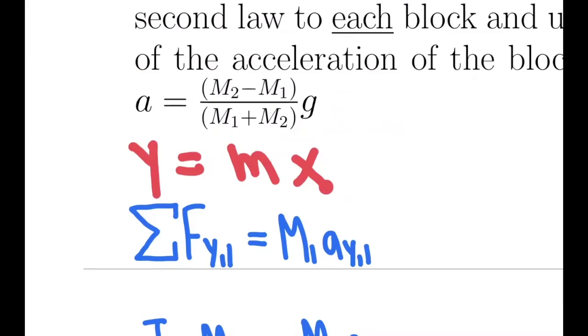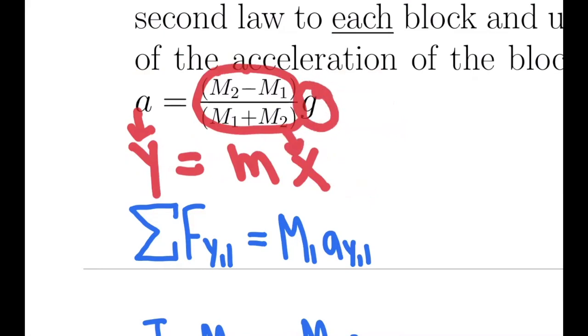So it looks like y, the vertical axis, will be a. And x will be this ratio here, m2 minus m1 divided by the quantity m1 plus m2. That'll be our x. And then the slope will be g, right? That'll be our m.